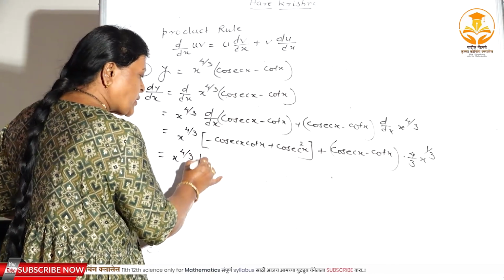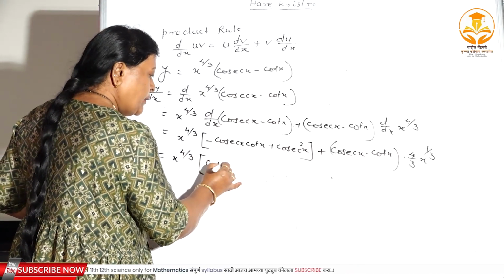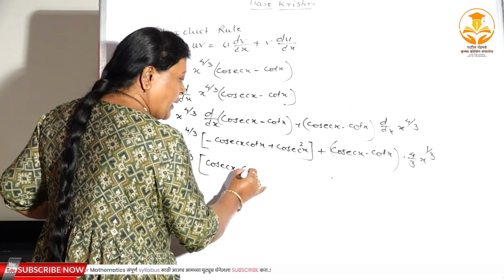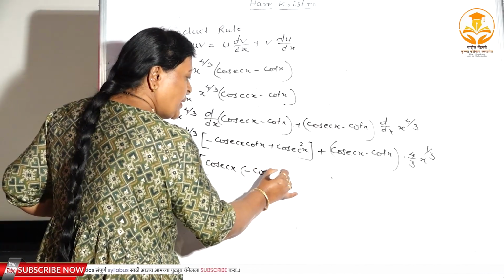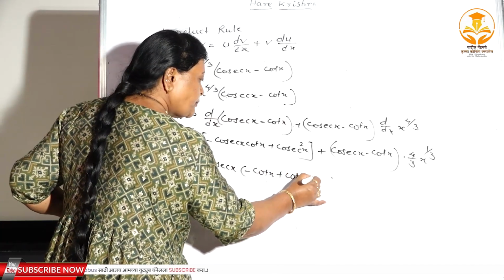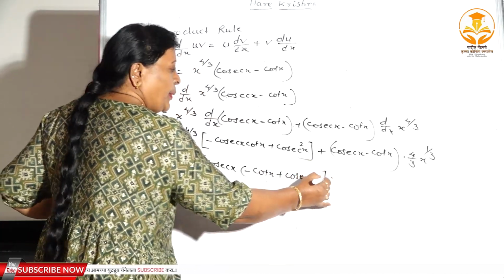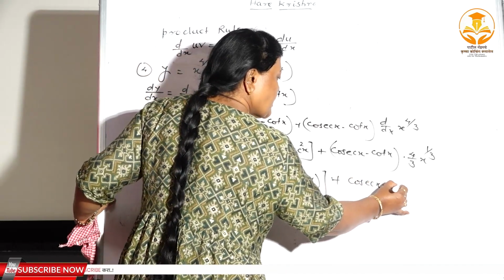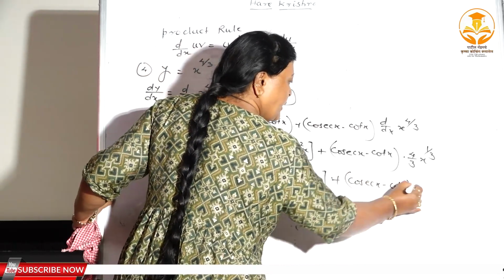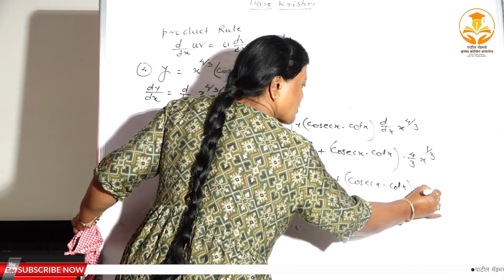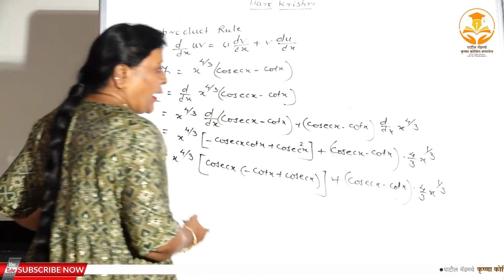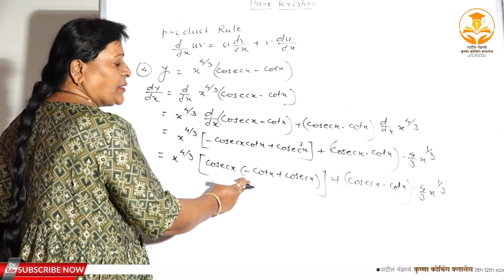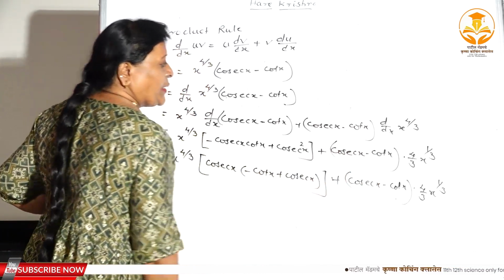If you take cosec x common in this bracket, what remains? See, if cosec x is taken common, then you will get minus cot x plus cosec x. Again plus cosec x minus cot x remains as it is, and here 4 by 3 x to the power 1 by 3. Again, if you observe this, the bracket you can take common, that is cosec x minus cot x. Here also cosec x minus cot x.